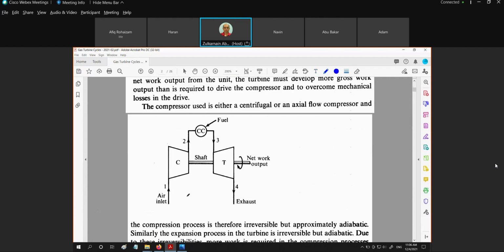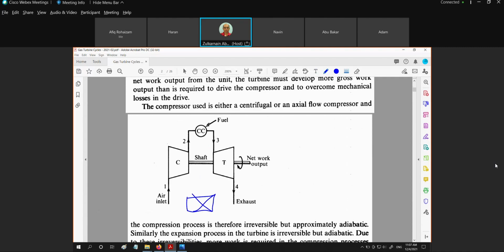So we don't need to condense or cool off the exhaust gas. The exhaust gas is emitted to the surroundings, and what goes back into the plant is a new fresh charge of air.